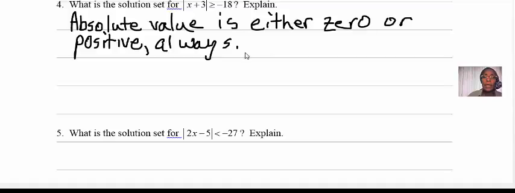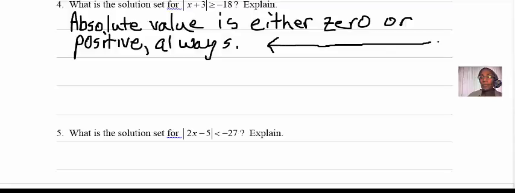So if I look at my number line, here's 0. The positive numbers are to the right of 0 on the number line.